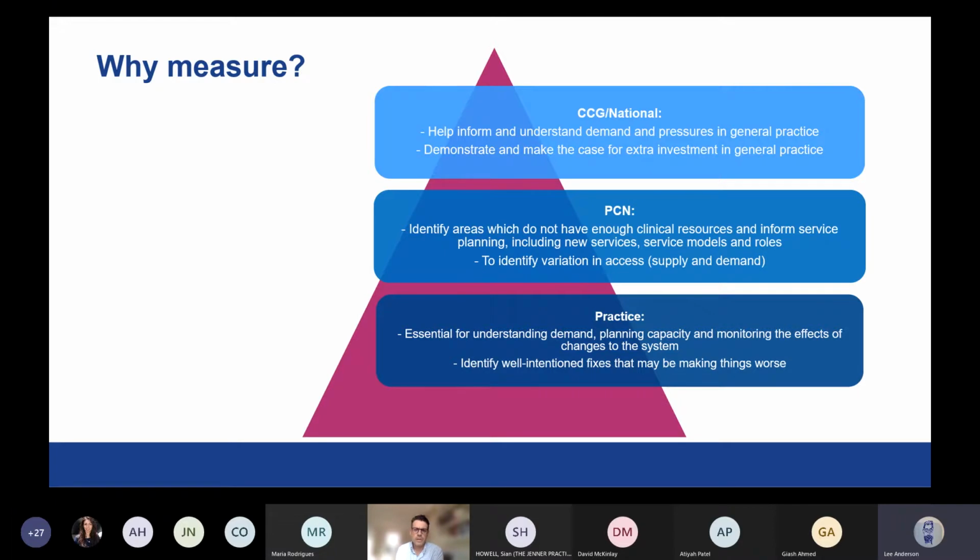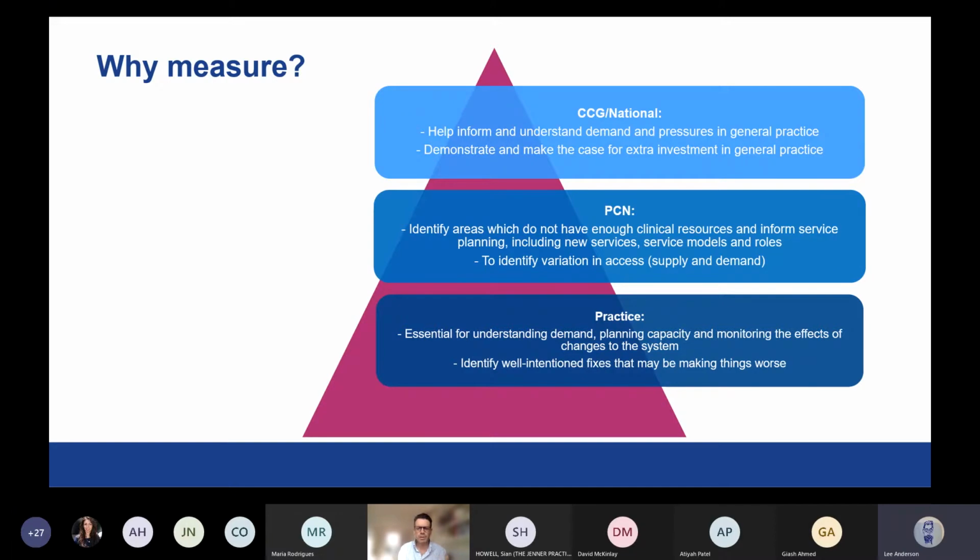From a PCN perspective, I think this is going to become a much more important thing over the next couple of years based on what Maria was just saying. In terms of service design, identifying groups who are potentially excluded and are not accessing the care they need, trying to prioritise services and plan strategically, getting access to good quality activity data is going to be really essential for that.